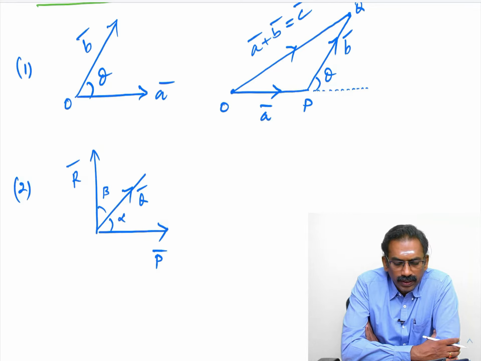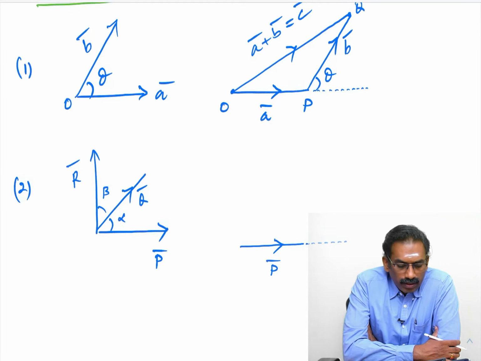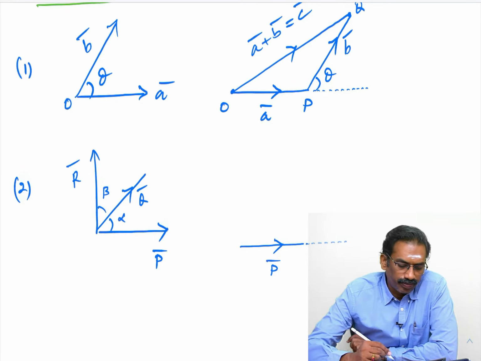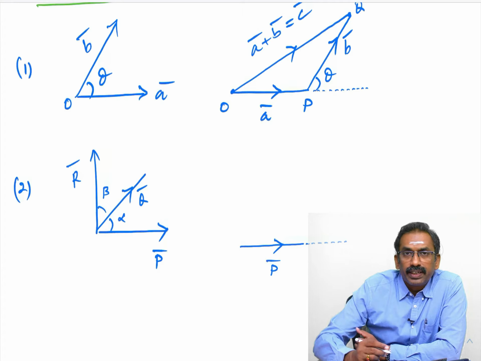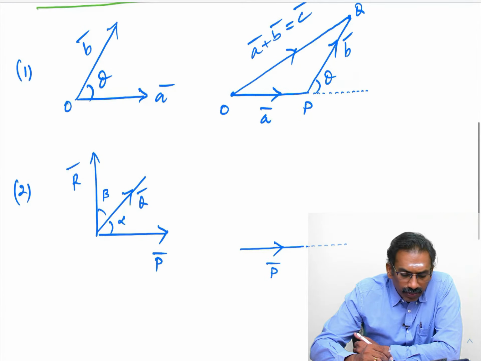How to add? First of all, bring the first vector without changing the direction. This is the P vector. This is the line of action of P vector. Bring the tail of Q vector to the head of P vector. Bring the tail of Q vector to the head of P vector without changing the angle.